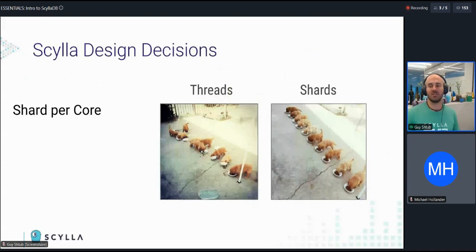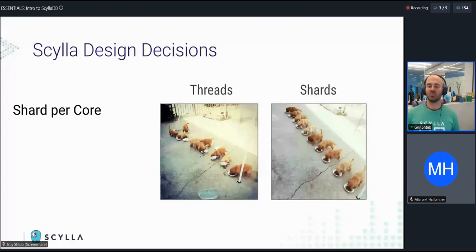Some of the design decisions. Scylla works in a shard per core architecture as opposed to the thread model. In the thread model, when we have a job, we have a thread pool, and a thread is selected to perform that job. That's what we see here on the left-hand side, whereas in the shard per core architecture, we have designated resources, and that would be CPU, networking, RAM, and so on.